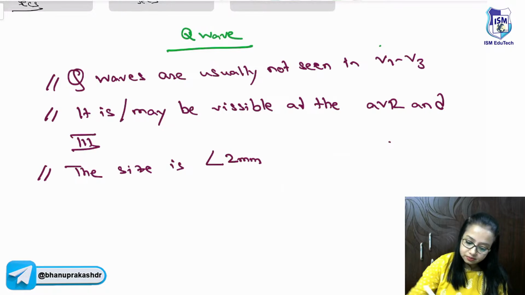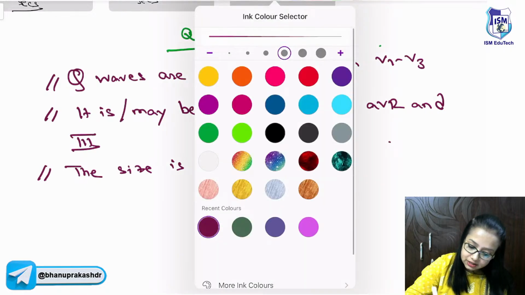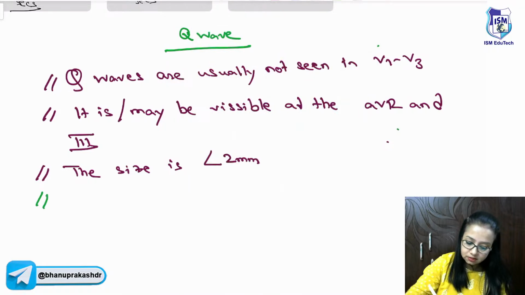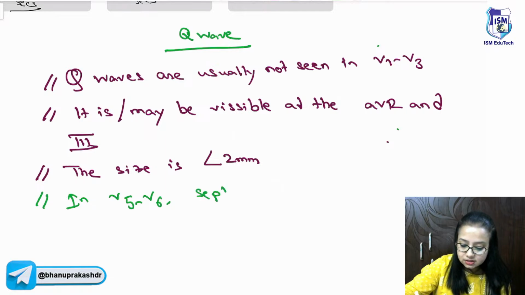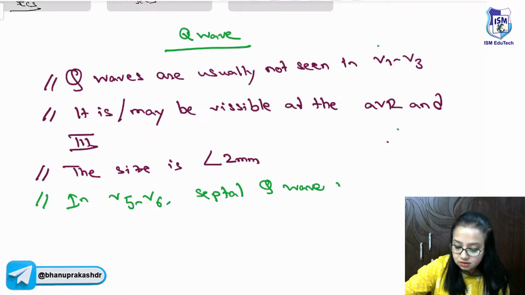Okay. Whereas in V5, V6, a septal Q wave may be present.